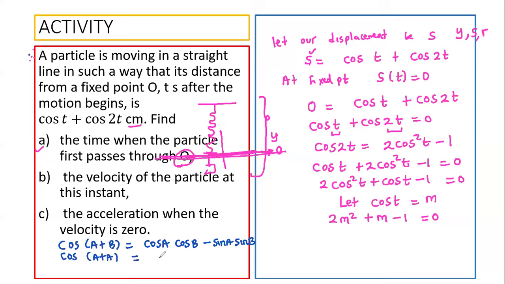What shall we have here, when the A's are the same? Substitute the way you gave me that formula. It is cos A cos A minus sin A sin A. What is cos A cos A the same as? Cos squared A minus sine squared A.